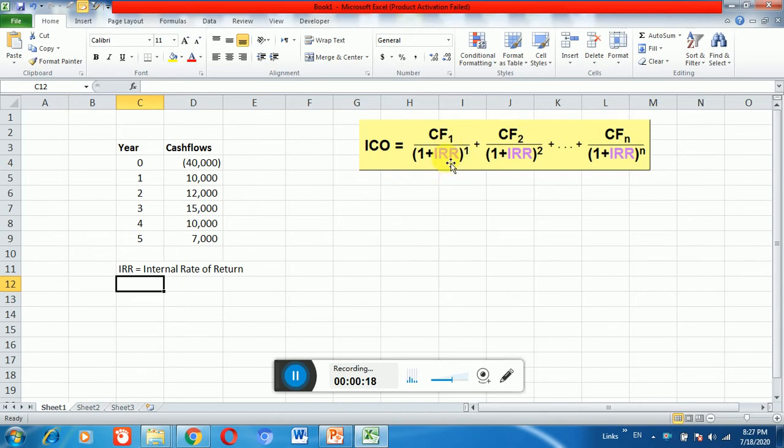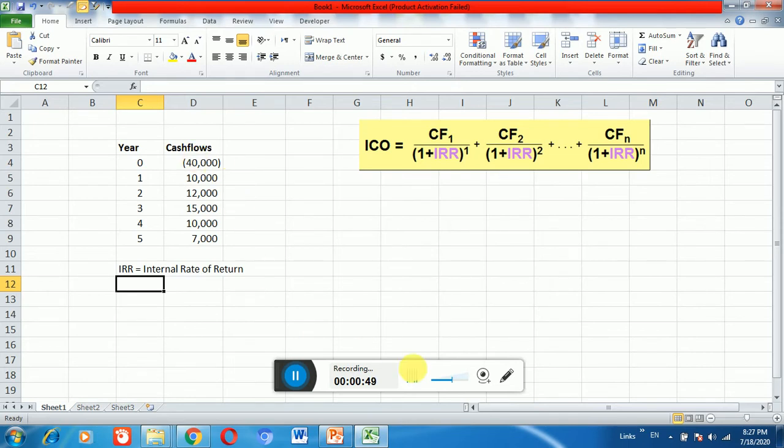It is the interest rate, the discounting rate, that when I put it here instead of IRR and compute the present value of all these future cash flows, gives me back the initial cash outflow, as I explained in a previous example. What I just put it here and discount all these future cash flows by that rate, to give me exactly 40,000. So let me explain it.